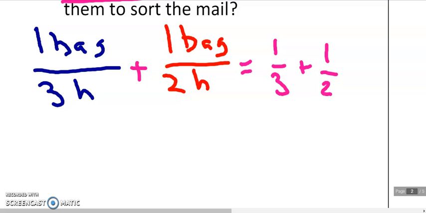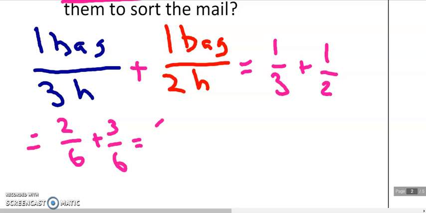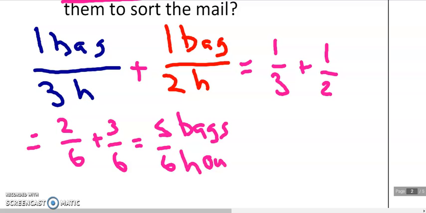So if we're getting a common denominator, that would be 2/6 plus 3/6, which would be 5/6. So together, they can do 5 bags in 6 hours.